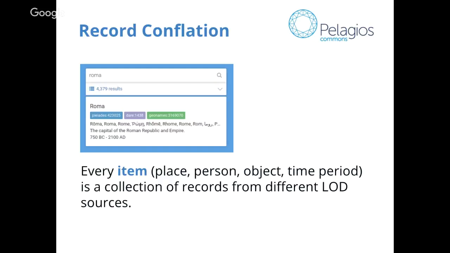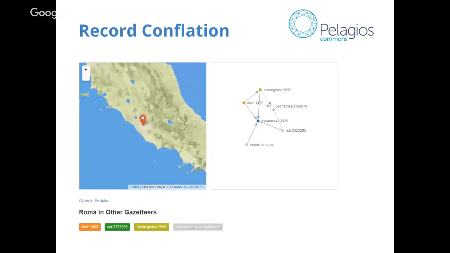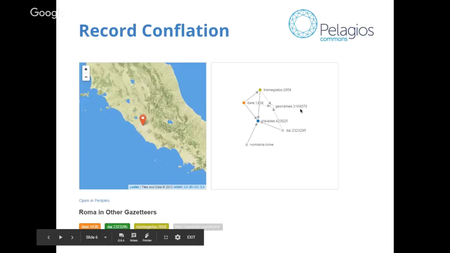So, for example, the item Rome in Peripleo is an aggregation of the records that come from different sources, as this little data network shows information from Trismegistus and so on.